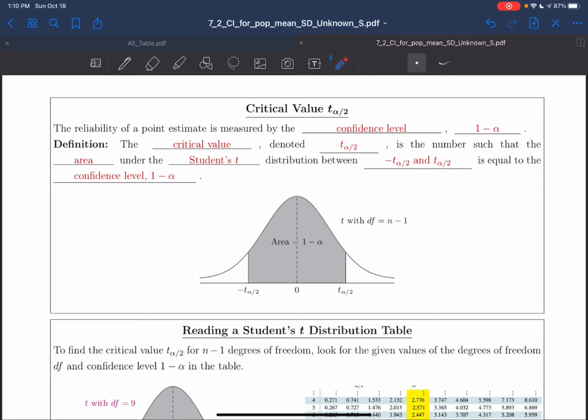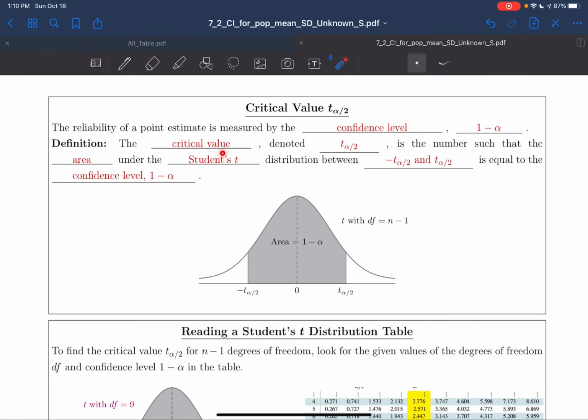The critical value is t of alpha over 2. The reliability of a point estimate is measured by the confidence level, which is 1 minus alpha, so that stays the same. The critical value, denoted t of alpha over 2, is the number such that the area under the student t distribution between negative t of alpha over 2 and t of alpha over 2 is equal to the confidence level.